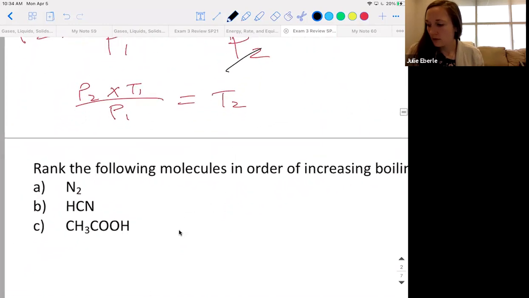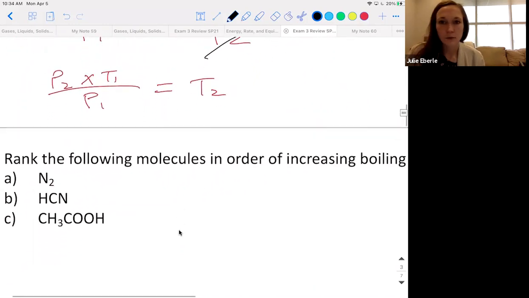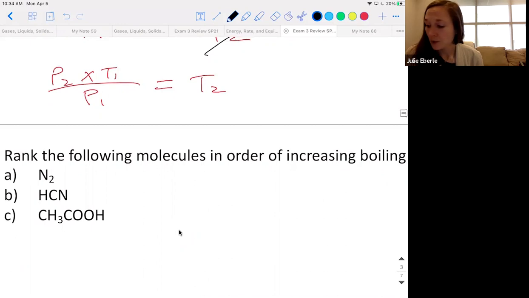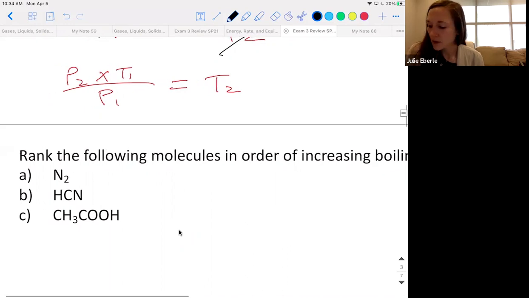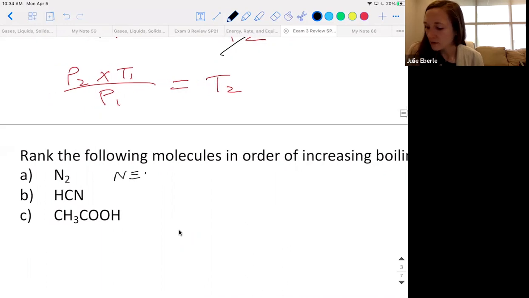So what do you think about N2? Polar, nonpolar? Can it hydrogen bond with itself in pure form? I know you got a nitrogen with a lone pair there, but I should mention that. I should reword this question, say in pure form. Matt says London dispersion. So here's what nitrogen looks like.